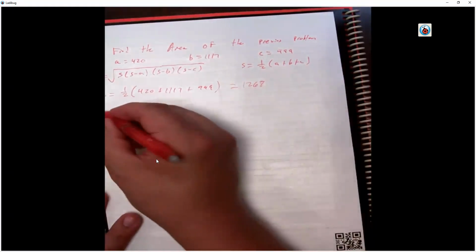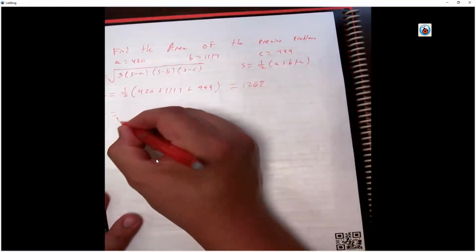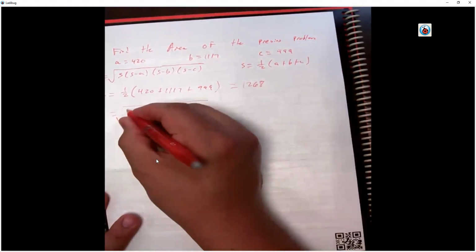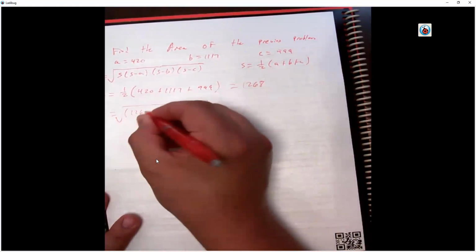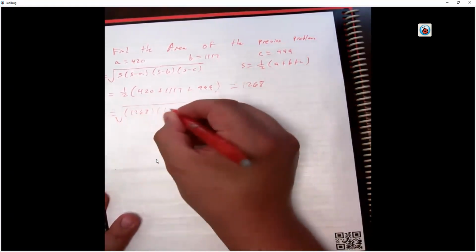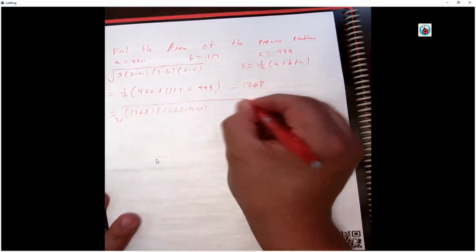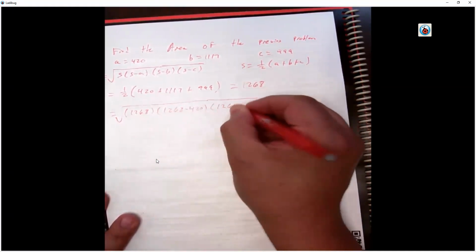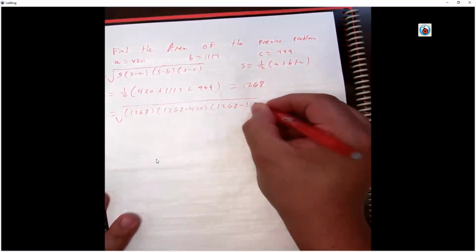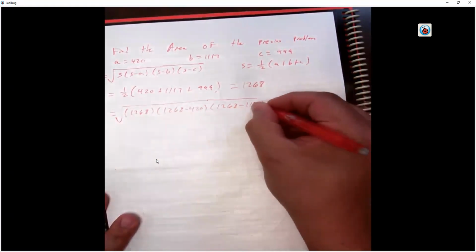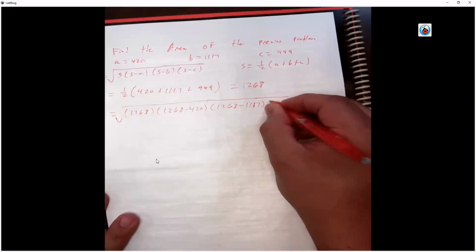Okay. So the area will be 1268 times 1268 minus 420, 1268 minus 117, 1268 minus 999.